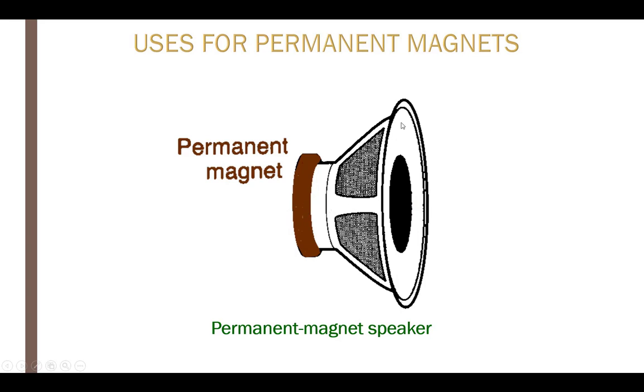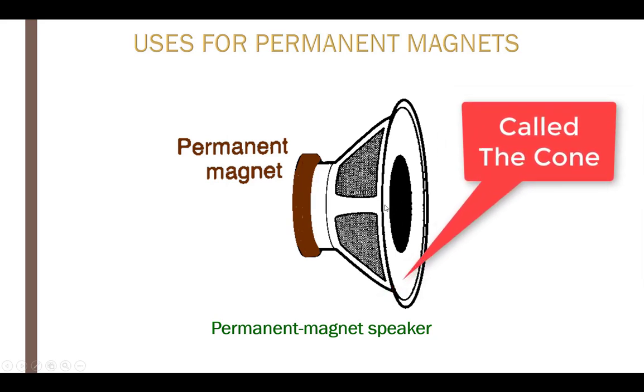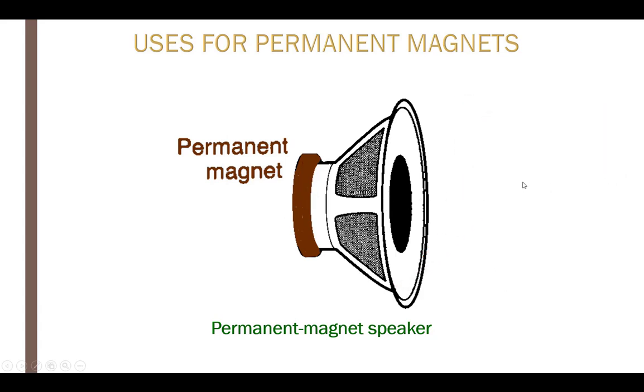The electromagnet's hooked to this cone, so as it moves back and forth in response to the signal, so does this piece of membrane, paper or plastic, and when it moves back and forth, it pushes air back and forth, which is what sound waves are.